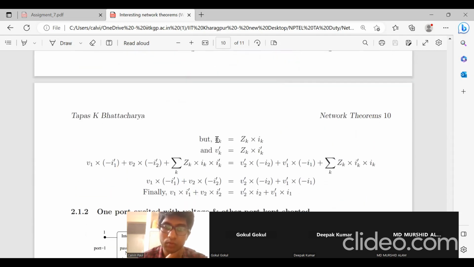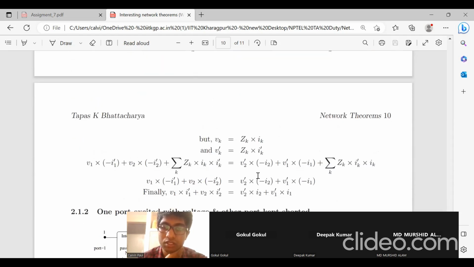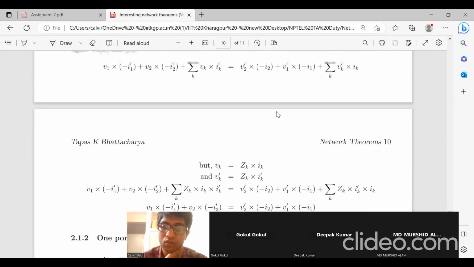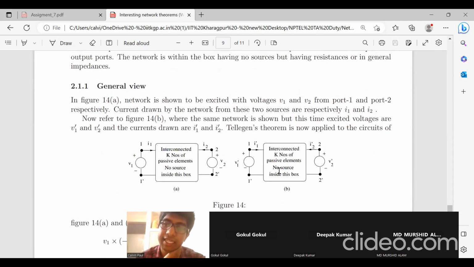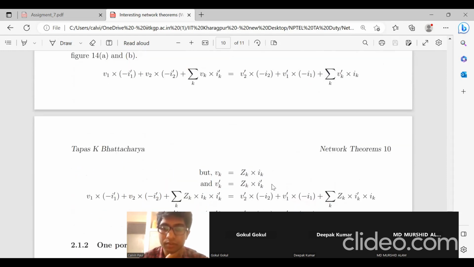But we know the voltage in this network is just Ik into Zk. Similarly, the voltage in this network is Ik dash into Zk.